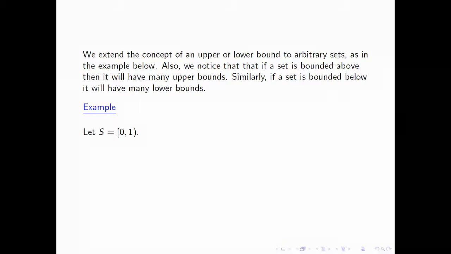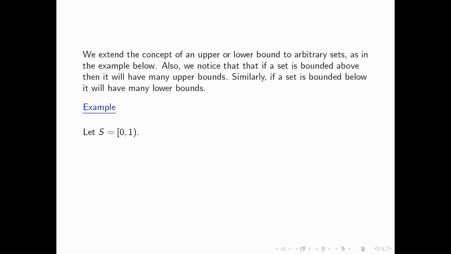But numbers that are not in that set, I'll give you some examples. The number 2 is not in there. The number 1.5 is not in there. So now for that set, I'm going to give you an example of an upper bound for that set.